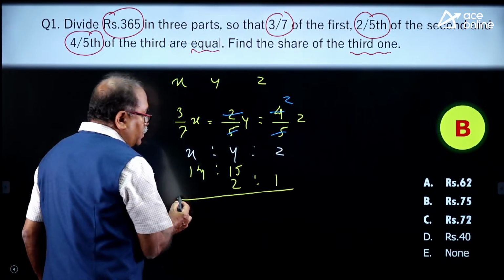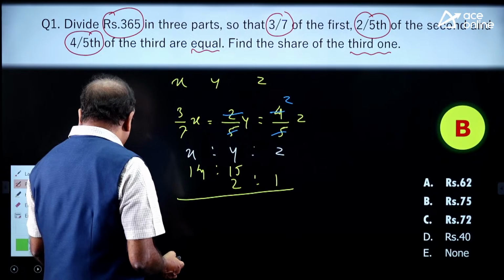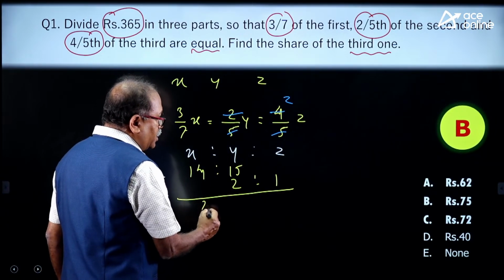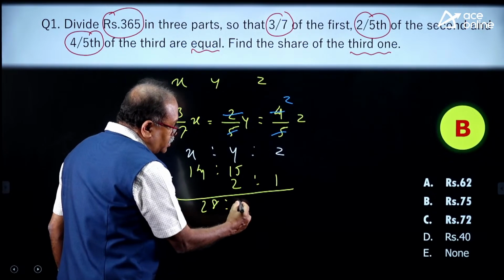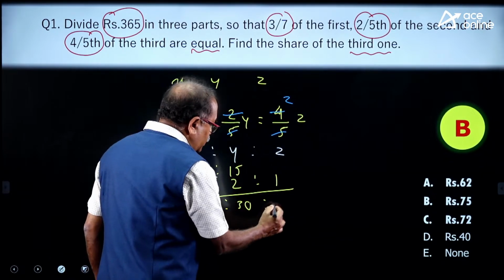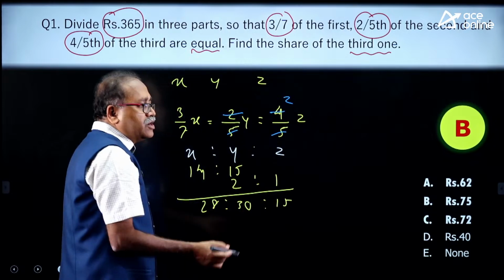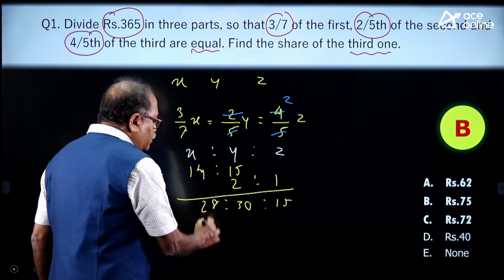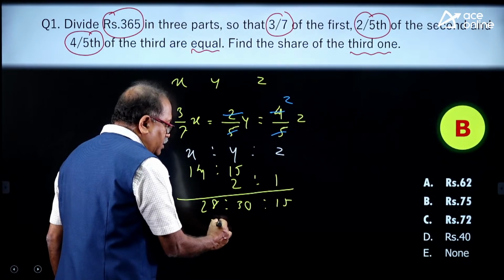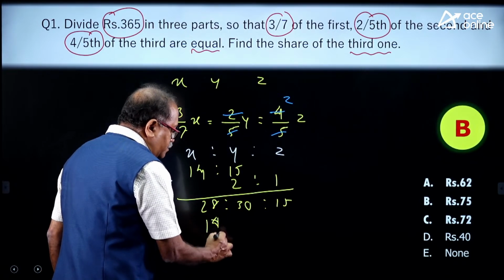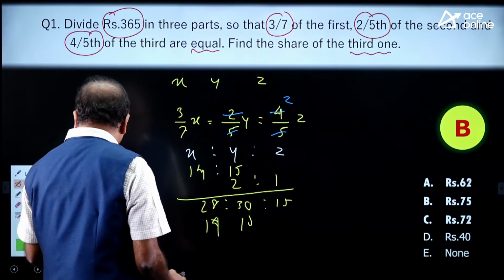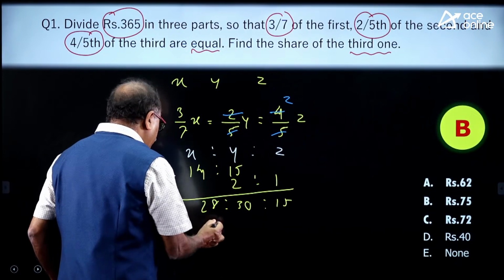So you know what to do next: 14 2s are 28, 15 2s are 30, and 1 times 15 is 15. Further it can be reduced, it's okay, or you can work with the same value. I am getting 14 times and 15 times, and no, further it will not get cancelled. So let it be in the same format.